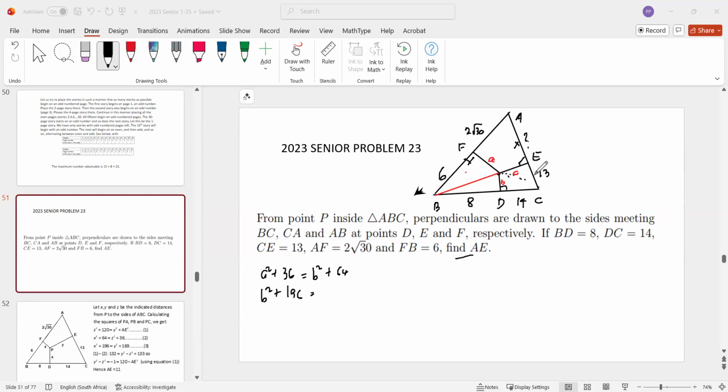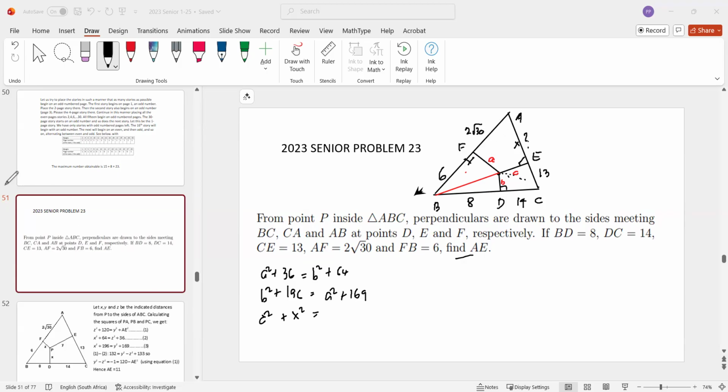The diagonal squared is equal to A squared plus 169. 13 squared is 169. And likewise now, if you look at this picture here, you'll get X squared plus C squared plus X squared.